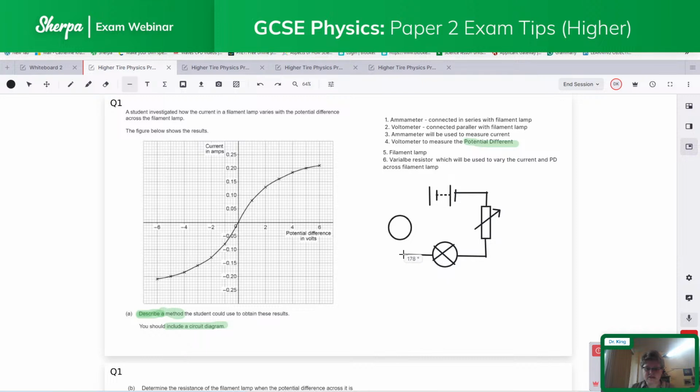As we stated, to measure the current I need to connect the ammeter in series, one after another, after the filament lamp, and I'm back to my battery. It's good to mark that you understand where the positive and negative sides of the battery are. Positive is always the longer side.